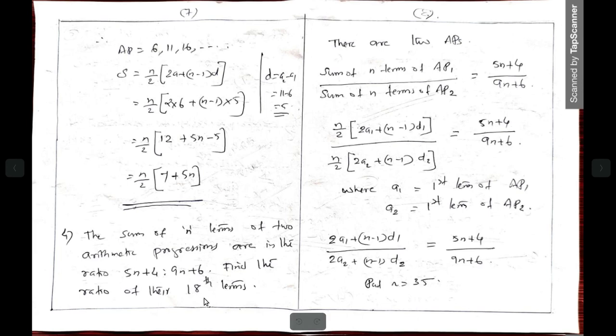Then you subtract 1 from this 36. That is 35. So if the question is about the 90th term, first you double 90, that is 180. Then subtract 1. That is 179.